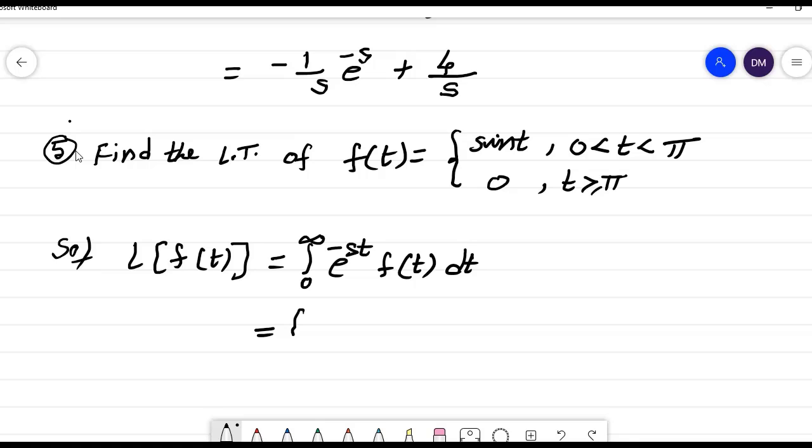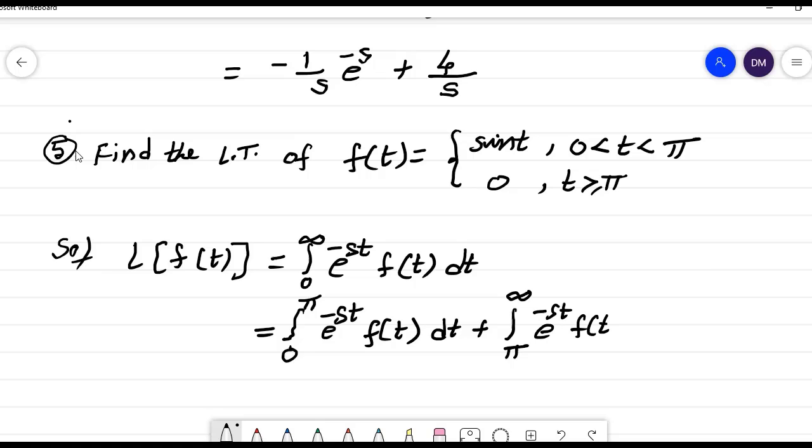So we can split the integral as the integral from 0 to pi of e power minus st f of t dt plus the integral from pi to infinity of e power minus st f of t dt.